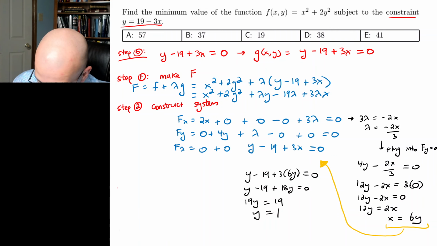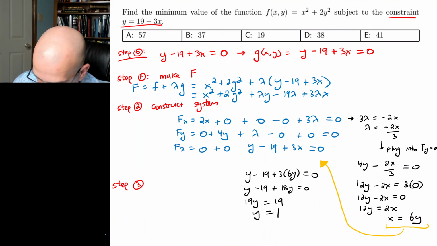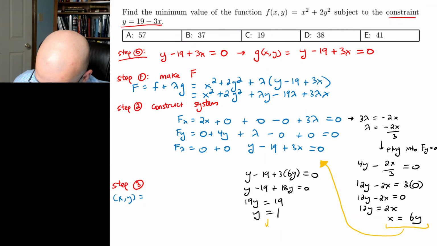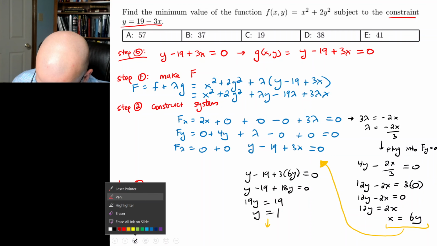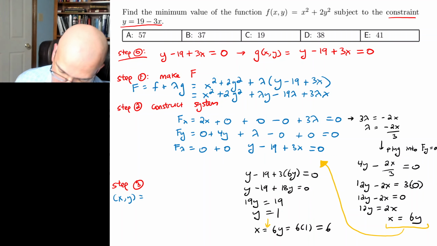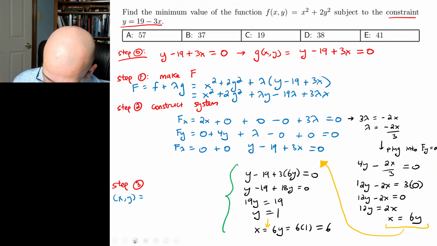Step 3. We have x comma y is equal to, oh, I need the x value. X is equal to 6y. So 6 times 1, which is 6. Then we put that all together and say our x comma y value is 6 comma 1.